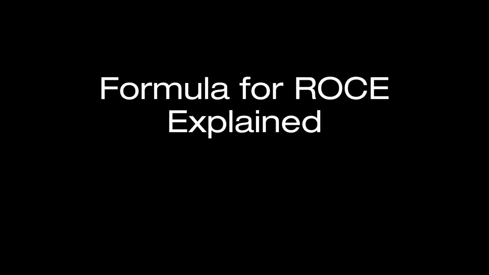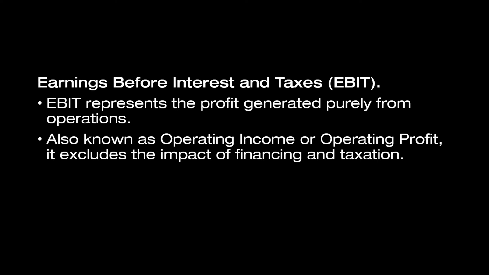Now let's look at the formula for ROCE in detail, and let's break that formula down to understand it better. Earnings before interest and taxes, EBIT. This is the company's profit before interest and taxes are deducted.